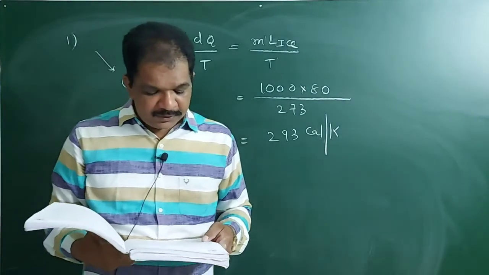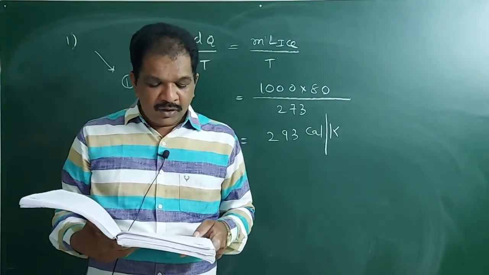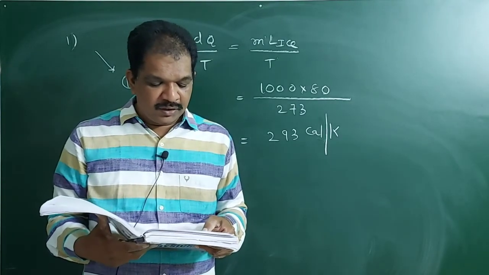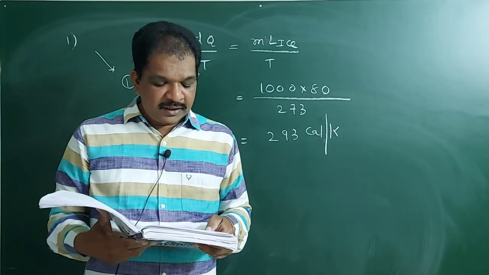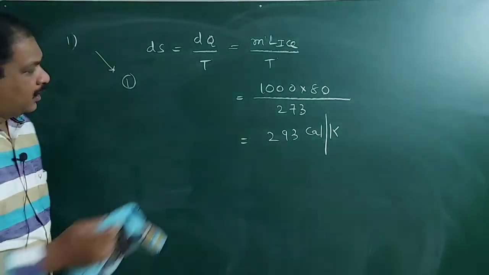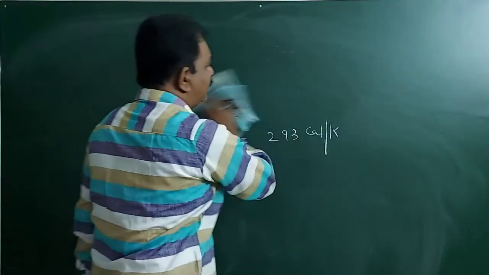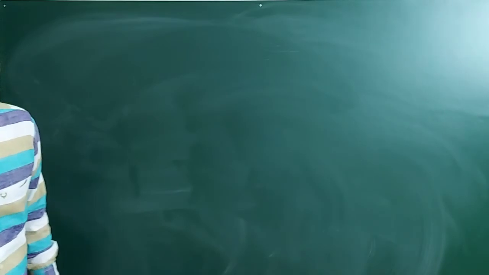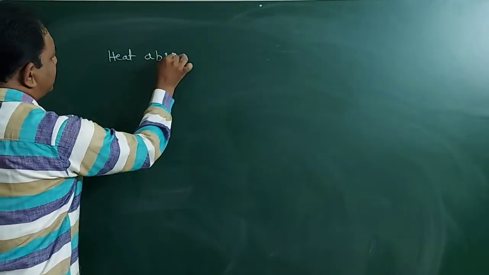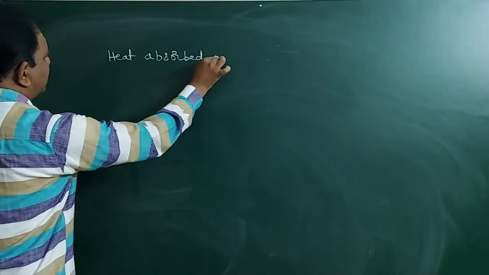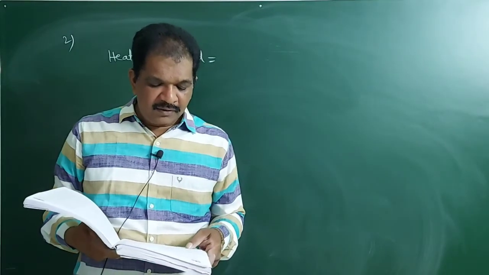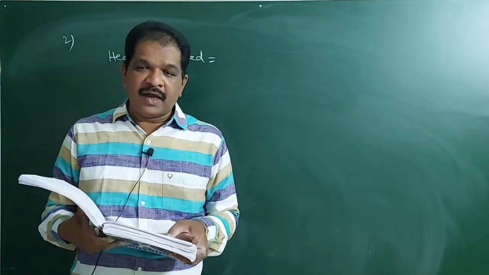Next, second question you see. A thermodynamic system is taken through the cycle ABCD as shown in the figure. Heat rejected by the gas during the cycle is? Heat absorbed we will calculate, from that heat rejected we will calculate. Heat absorbed is equal to, see whether the arrows are clockwise or anti-clockwise.